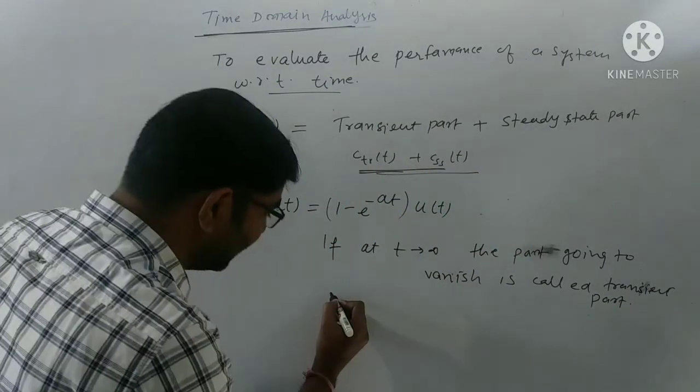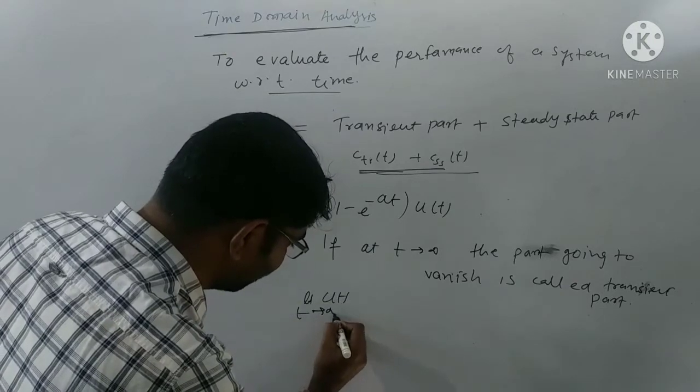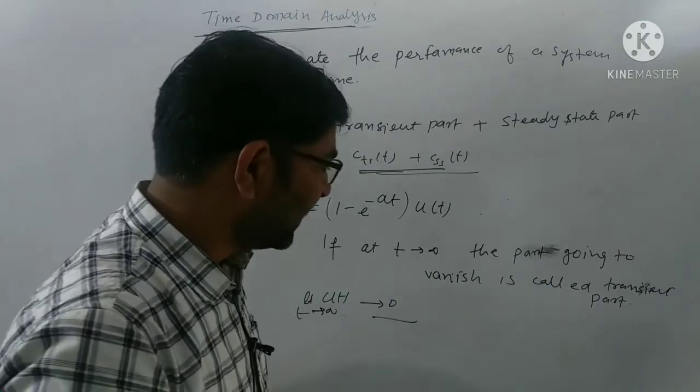That means the part that goes to 0 at t equals infinity is the transient part.